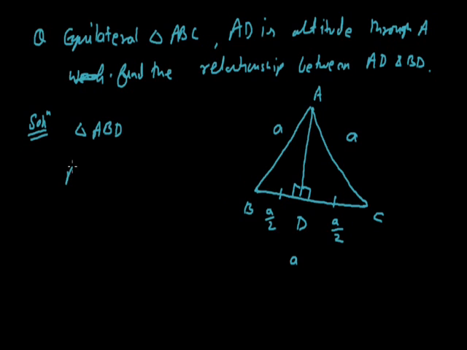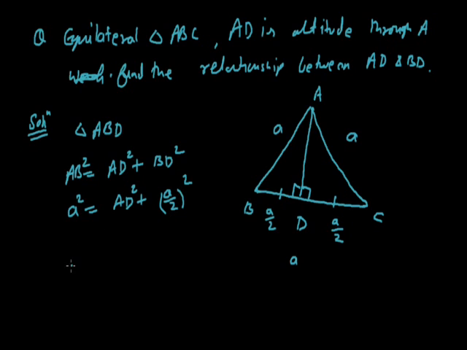Now in triangle ABD we apply the Pythagoras theorem because angle D is 90 degree. So side opposite to 90 degree, that is AB. So AB square is equals to AD square plus BD square. Now the length of AB is A, that is A square is equals to AD square plus the length of BD, A by 2 whole square.